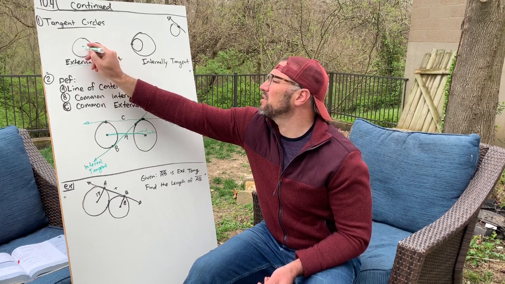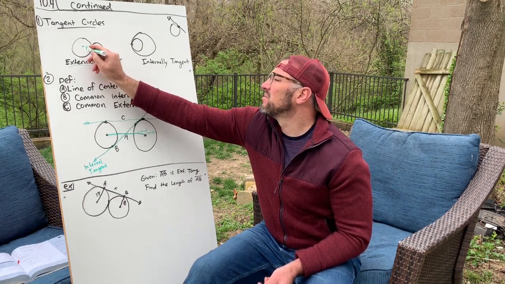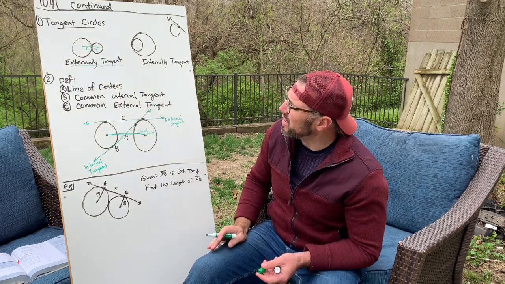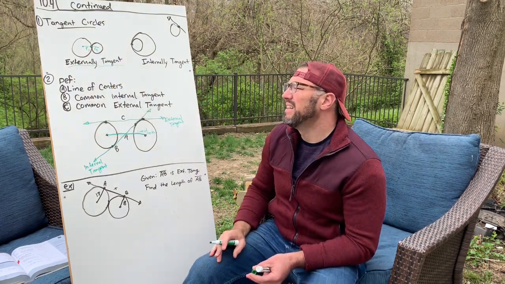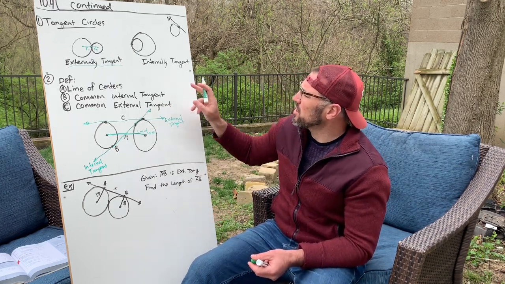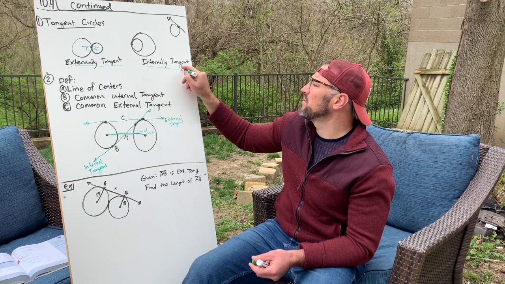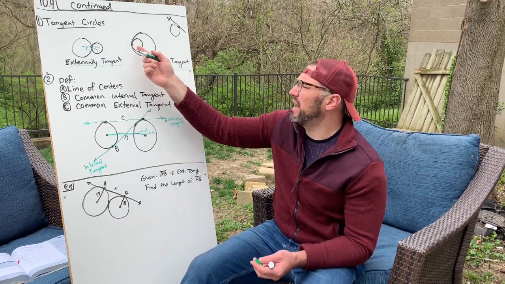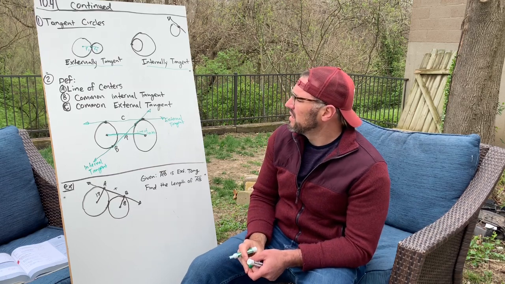And whatever this radius is, plus whatever this radius is, that's what equals that line. So it gives you more information if they're externally tangent. Circles could also be internally tangent, which means that you've got a smaller circle inside of a bigger circle and they touch at one place.